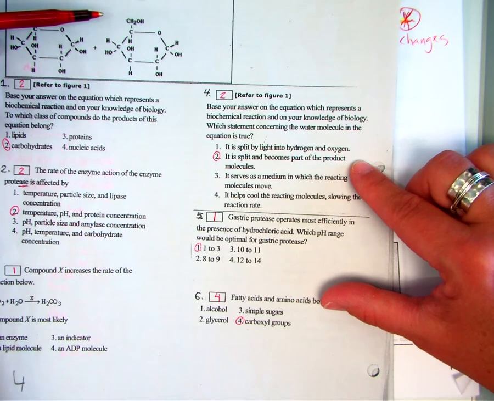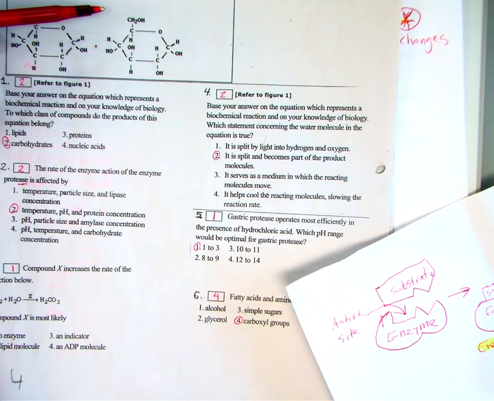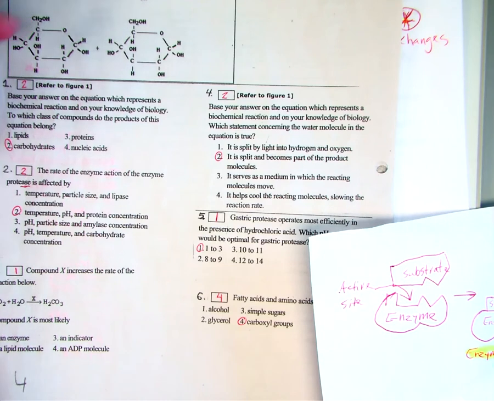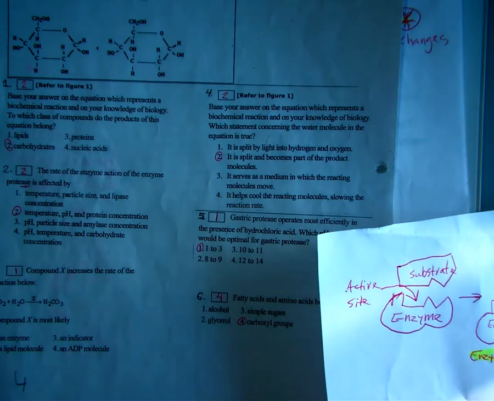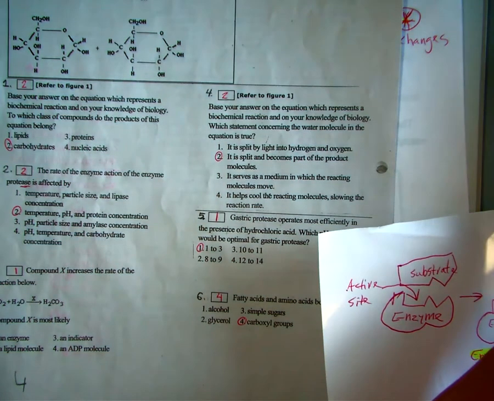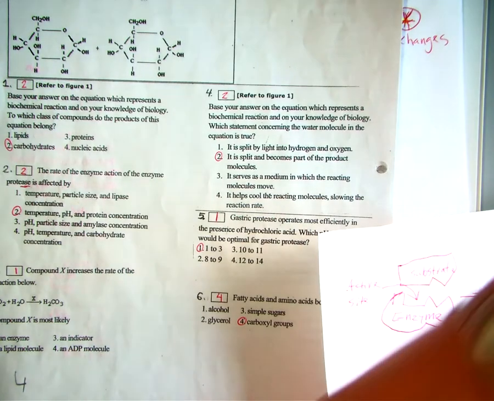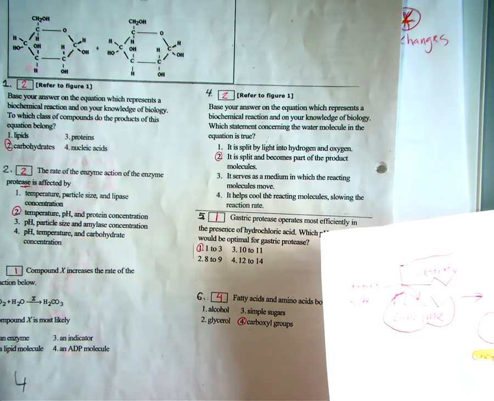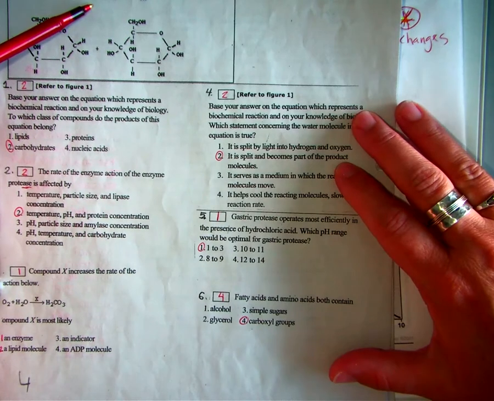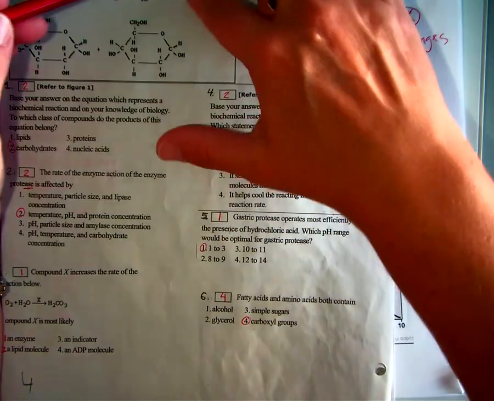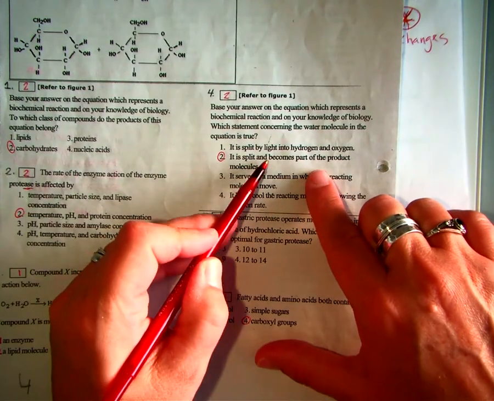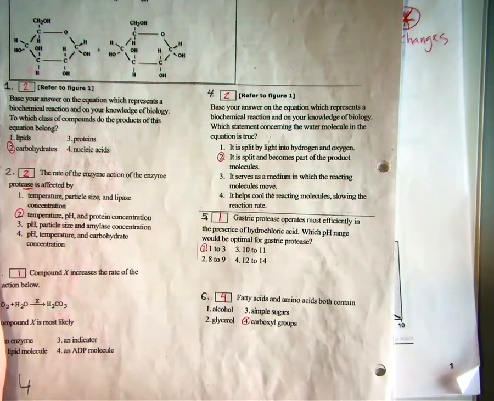And this is a higher level question, like I said. You're not going to see this on your test. So water's present in the beginning. And then this is hydrolysis, right? So when it breaks, it ends up becoming part of it. So it splits and becomes part of the product molecule.